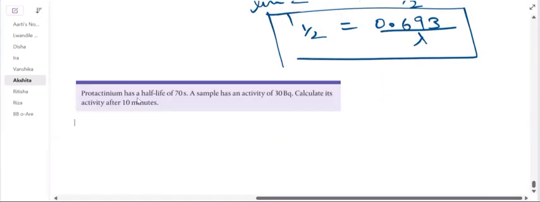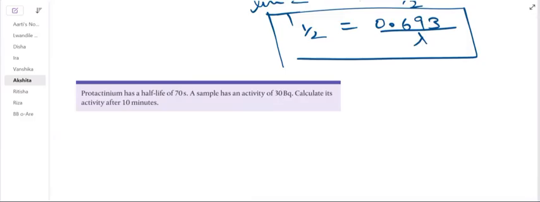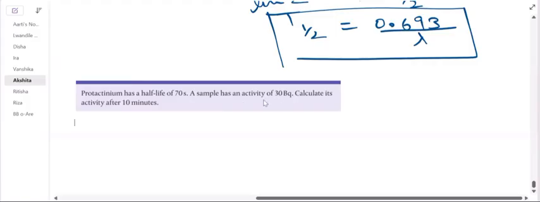The question says protactinium has a half-life of 70 seconds. A sample has an activity of 30 Bq.